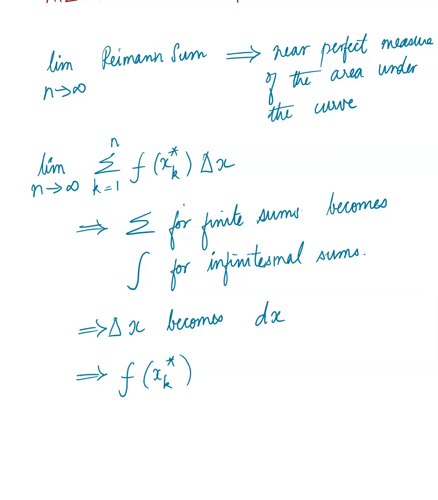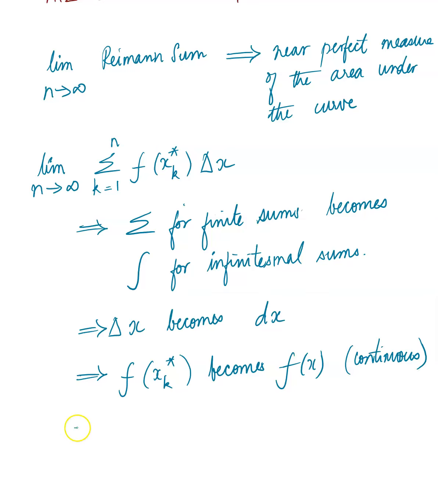So when you're considering every point on the graph having a rectangle passing through it, this becomes f of x, because this is now a continuous movement. Every point on the graph has a rectangle that represents it or passes through it.